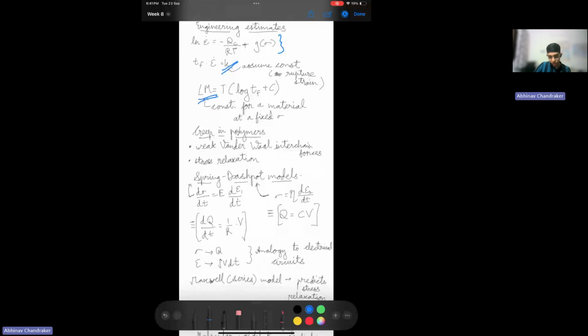So this can be used for getting time to failure or rupture at lower temperatures where the creep strain is very low. But still you can make extrapolations using this equation and find out the time to failure for lower temperatures.